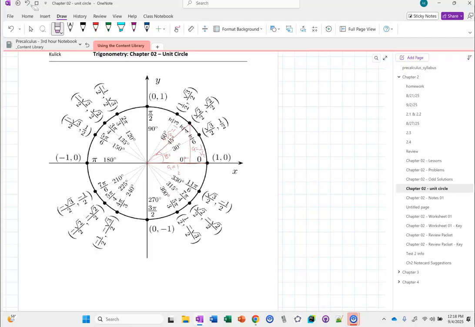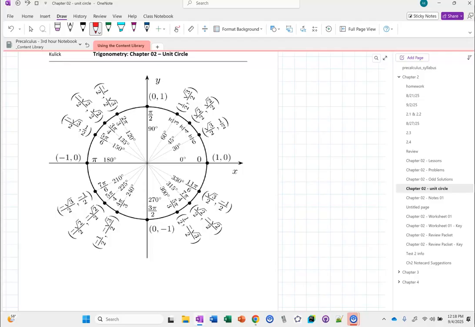So all this picture is saving us the work of drawing these reference triangles and using our ratios of side lengths from 30, 60, 90, and 45, 45, 90 triangles to figure out what the xy would be at that point.